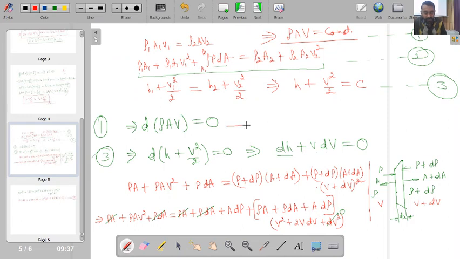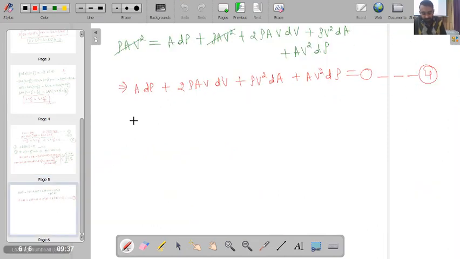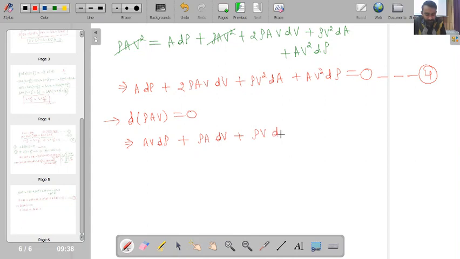Now I have one equation over here which is the continuity equation, which tells that d of rho AV equal to 0. If I expand this differential, from the continuity equation I will get AV into d rho, plus rho A into dV, plus rho V into dA, equal to 0.